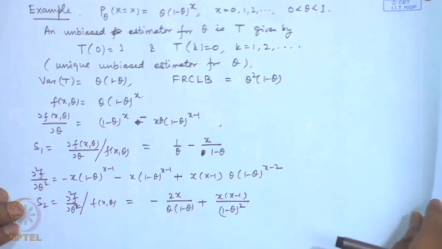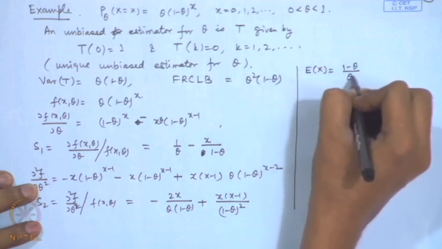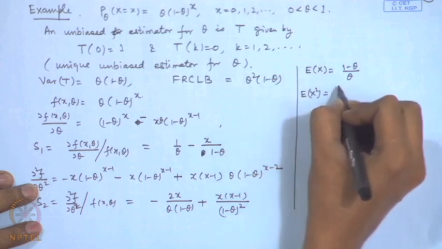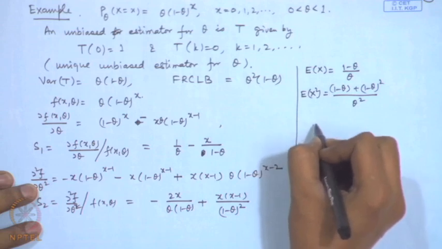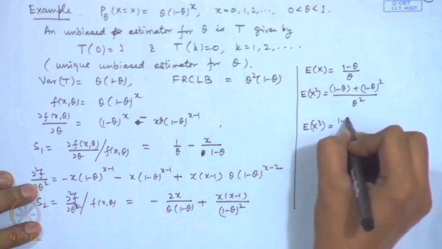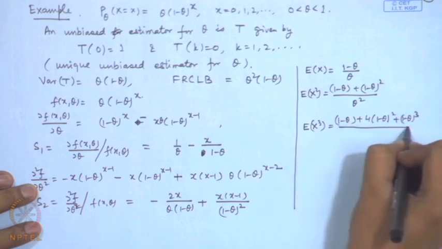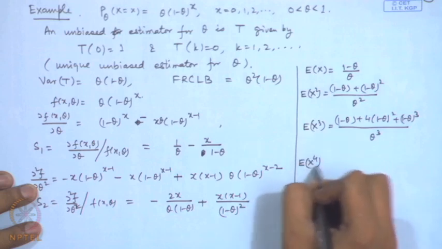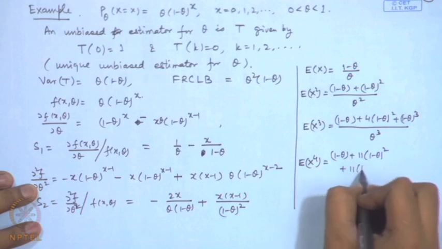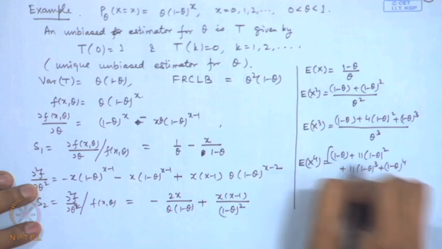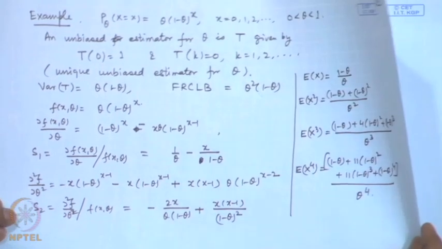So, for this geometric distribution, you will have expectation of x is (1 - theta) by theta, expectation of x square is (1 - theta) plus (1 - theta) square divided by theta square, expectation of x cube is (1 - theta) plus 4 (1 - theta) square plus (1 - theta) cube divided by theta cube, and expectation of x to the power 4 is (1 - theta) plus 11 (1 - theta) square plus 11 (1 - theta) cube plus (1 - theta) to the power 4 divided by theta to the power 4.